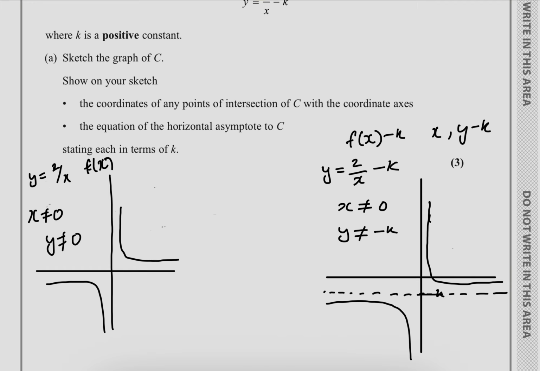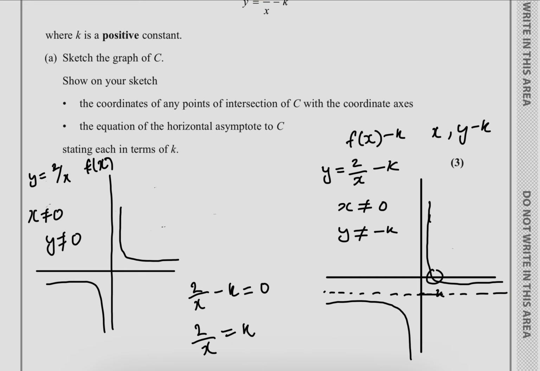Now, it does say it is important in Edexcel when you're sketching graphs to label the coordinates of any intersections with the coordinate axis, and we see one intersection over here. How do we solve that? We only know that at this point y is going to be 0. So we can just solve it: 2 over x minus k is equal to 0. That means that 2 over x is equal to k.